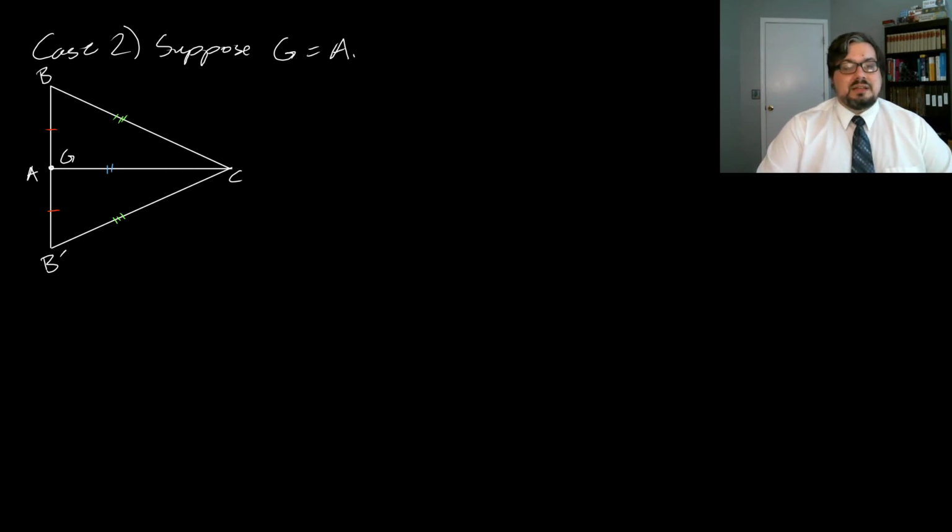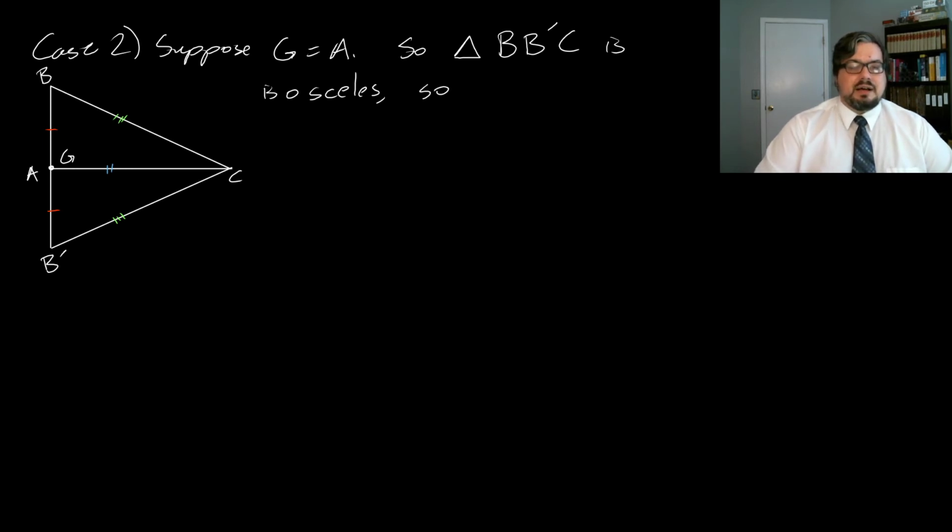So that means that the triangle BAB' is isosceles.